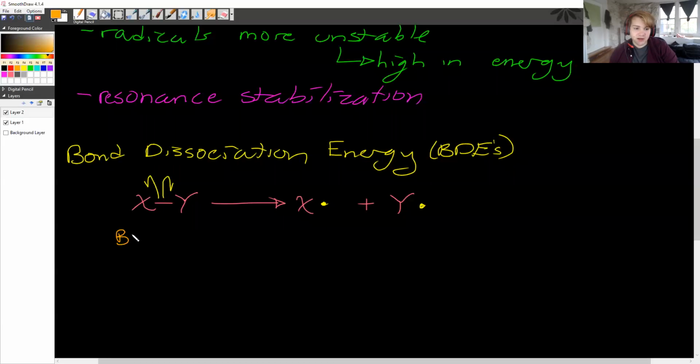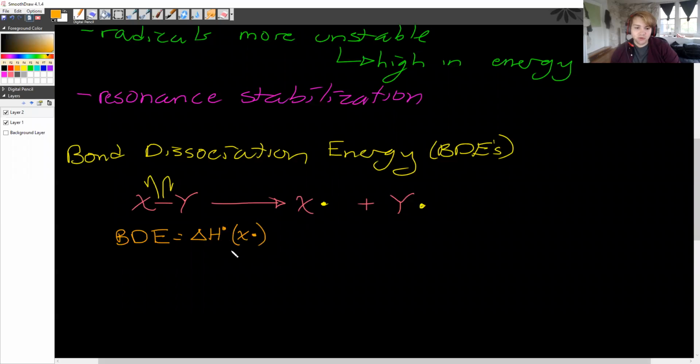This would be characterized as the bond dissociation energy, the amount of energy represented by enthalpy, that delta H, head back to your notes in Gen Chem, of creating the X radical.